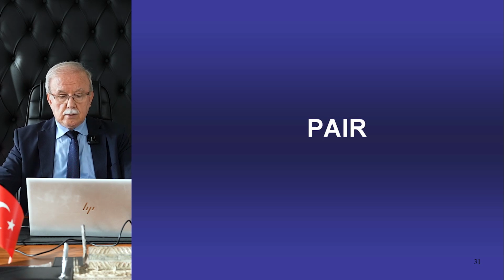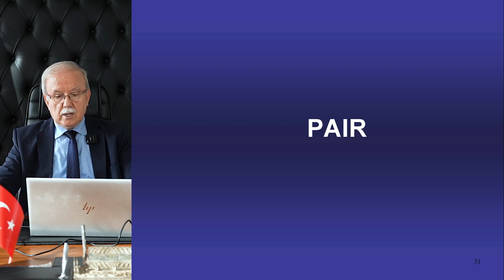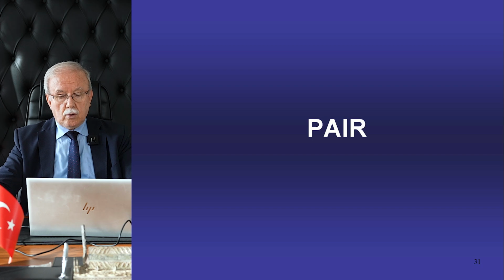The PAIR technique was reported in 1987 by Dr. Ben Amor. They use the Seldinger technique, puncture the hydatid cyst, aspirate all of the juice, and then inject scolicidal agents such as hypertonic saline, silver nitrate, or cetrimide.